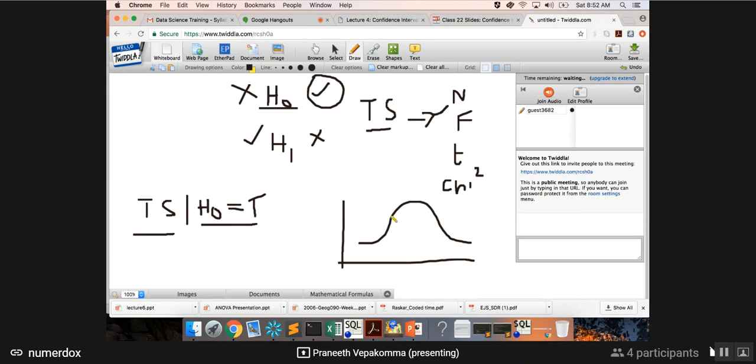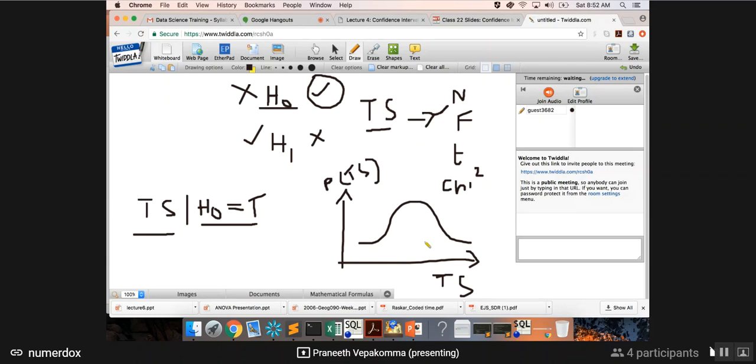So this is showing, for example, if it was normal in one particular case, if this was the behavior, what is the distribution? The values are on the x-axis, the y-axis is the probability, right? So this is the value of the test statistic, and this is the probability of the test statistic, P of TS. This is TS.